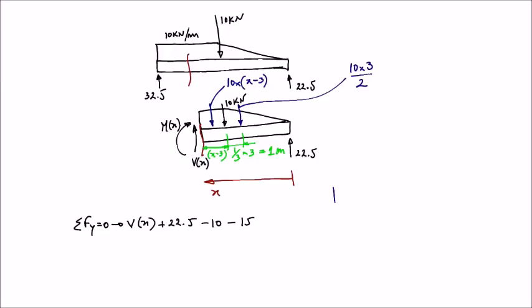X is the total length from point B to section X, and then we need to take off 3 meters for the section from point B to the midpoint of the beam. Okay, so now we need to include that in our equilibrium equation, so it will be minus 10(x minus 3), which is the area of the rectangle, and that's all we have.